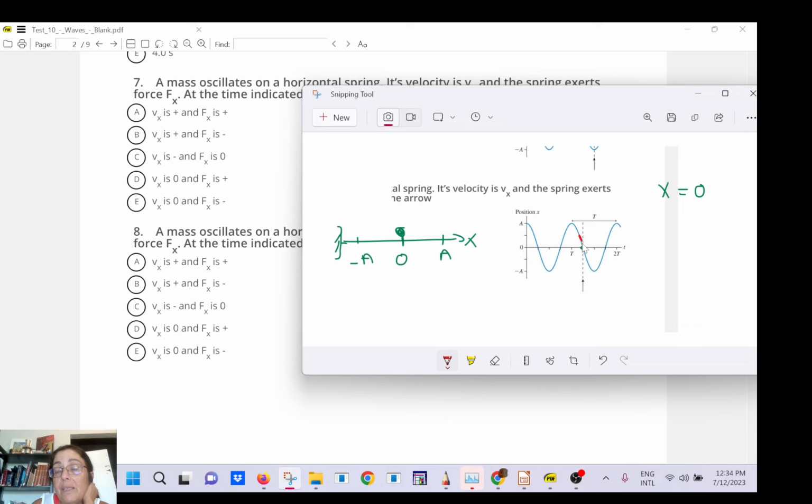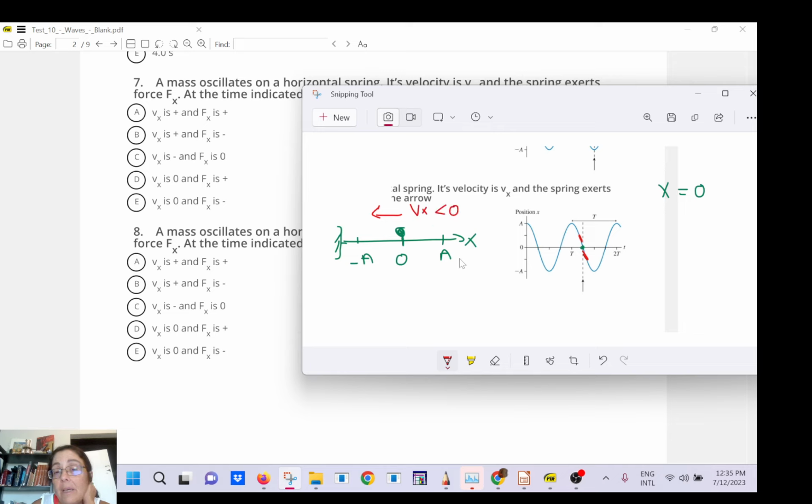The slope is negative here, and the slope is negative here. So it means it's going in this direction here. So the x component of the velocity is negative, okay? Because you see it's moving through the equilibrium and moving to the left. So the x component of the velocity is negative here.